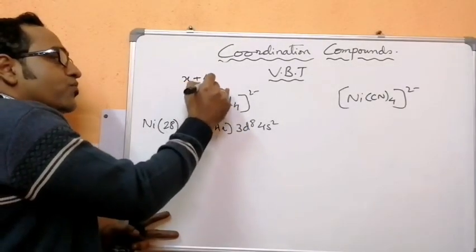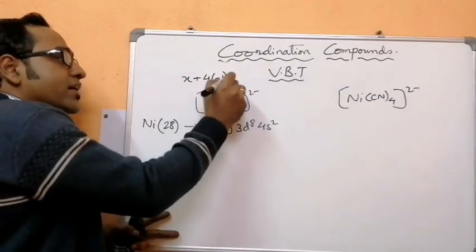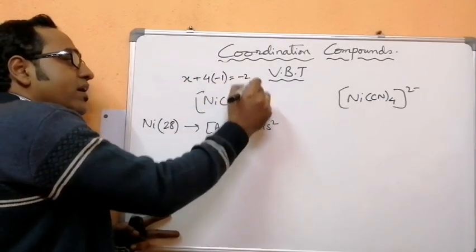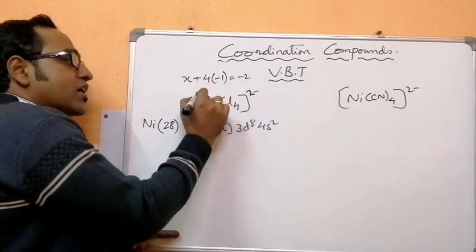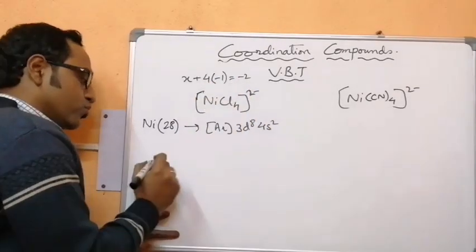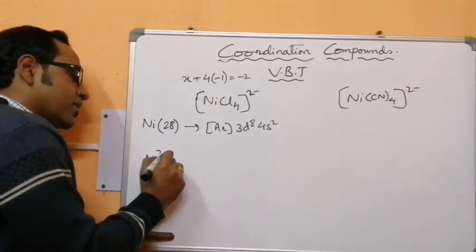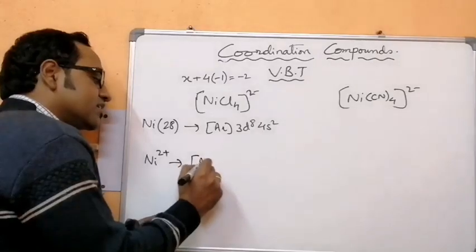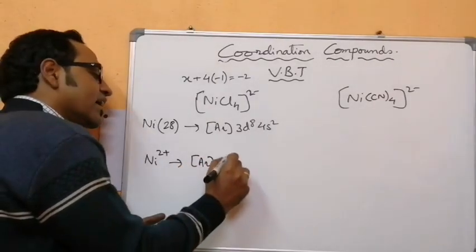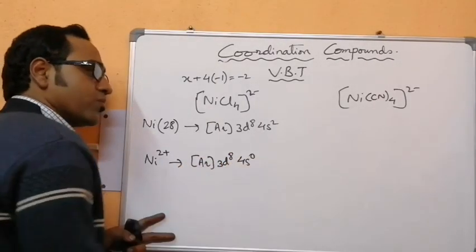X plus 4 chlorines each having -1 charge equals -2, the overall charge of the complex, so X comes out as +2. Now for +2, the electronic configuration is argon 3d8 4s0.